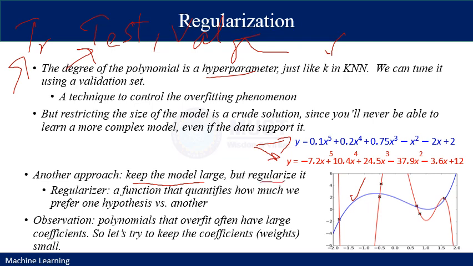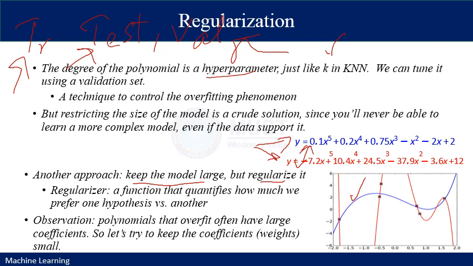So you use the regularizer, which is a function that quantifies how much we prefer one hypothesis versus another. So it is just a comparison of two similar hypotheses. In the observation, polynomials that overfit often have large coefficients.